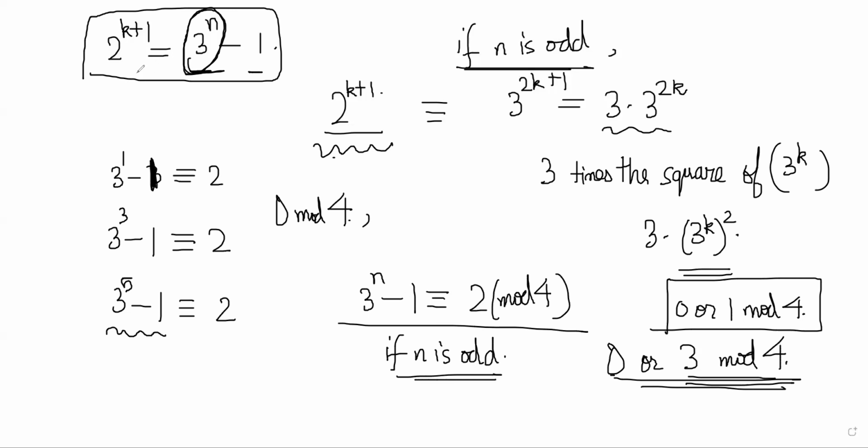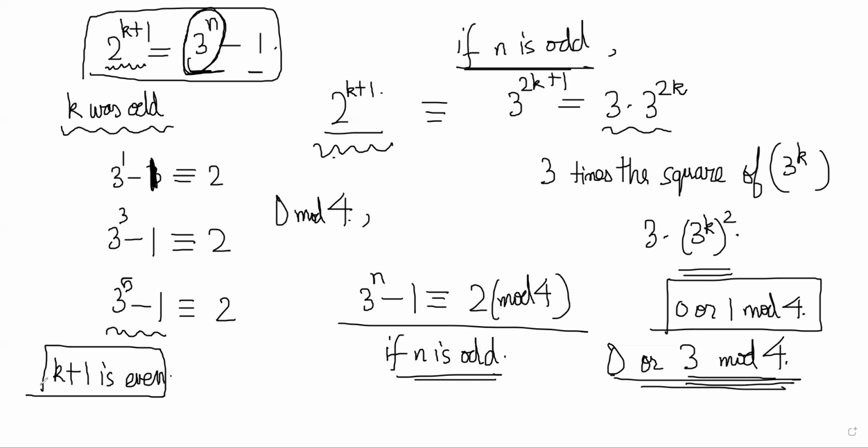The left hand side, 2 power k plus 1, k was odd. Earlier we had said m is equal to 2k earlier, if you remember. K was an odd number. So k plus 1 is even.